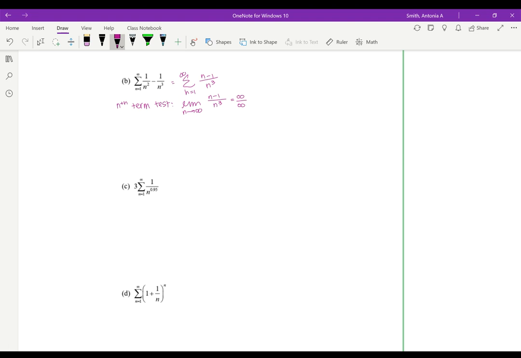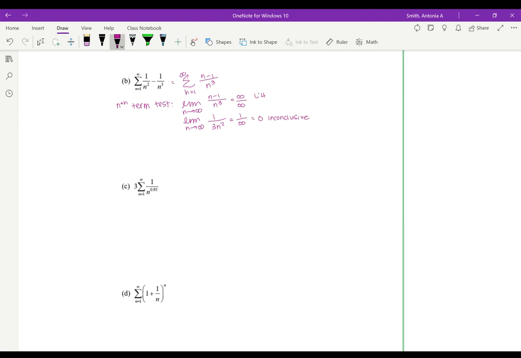We need L'Hopital's rule. So we have the limit as n approaches infinity of 1 over 3n squared, which is 1 over infinity, which is 0. So in this case, this test was inconclusive. Okay.